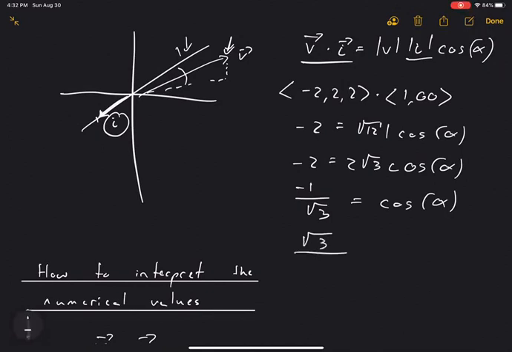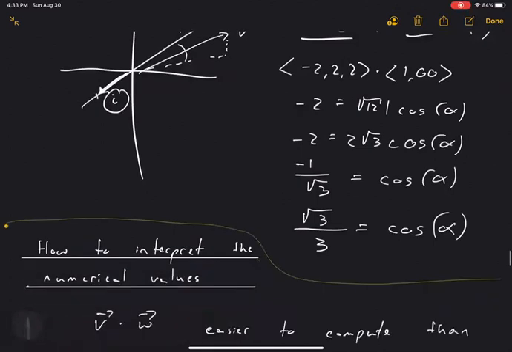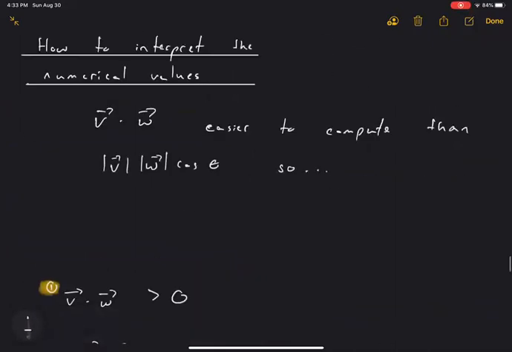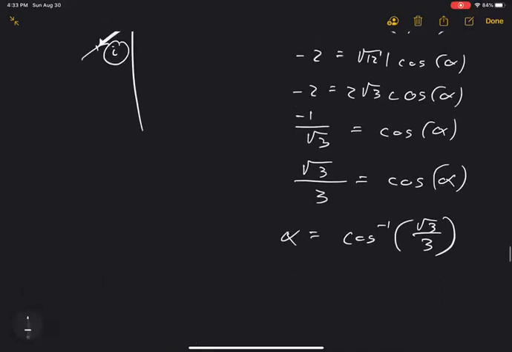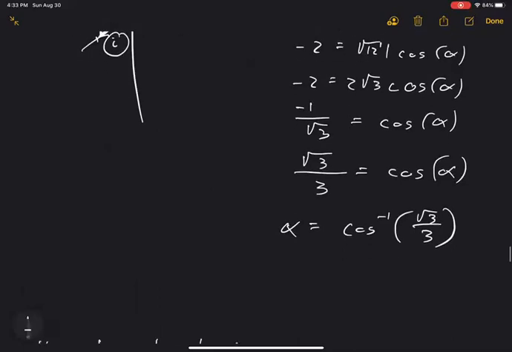It's probably not going to simplify nicely. So my angle alpha would be cosine inverse of negative square root of 3 over 3. So it doesn't look like it's working out nicely in this one, but this is an acceptable answer.